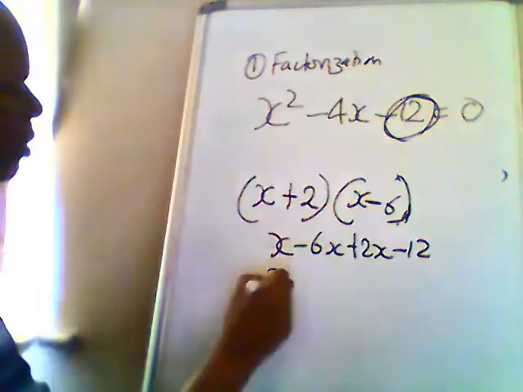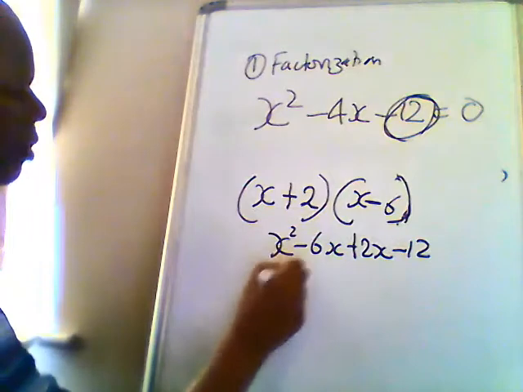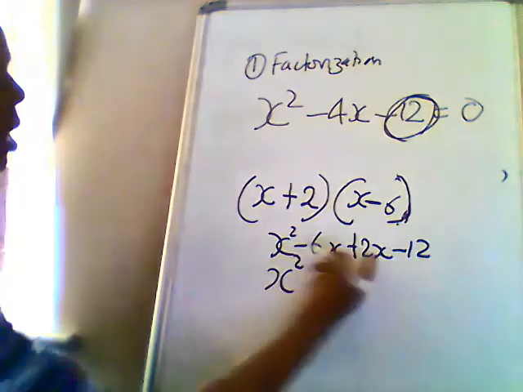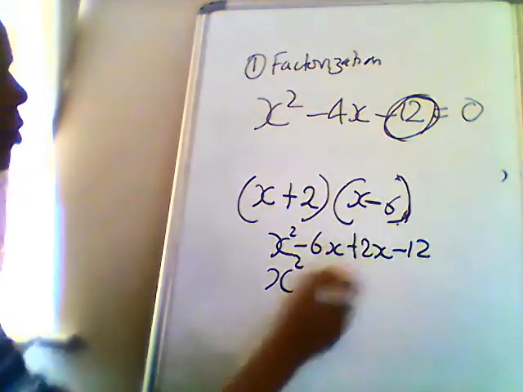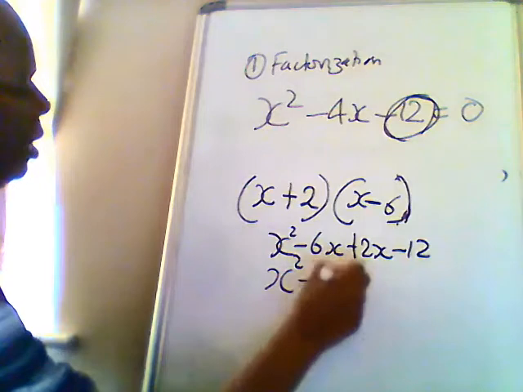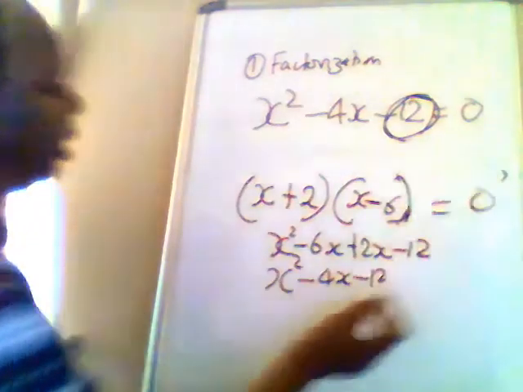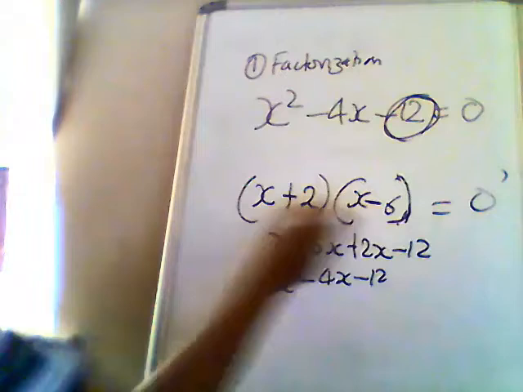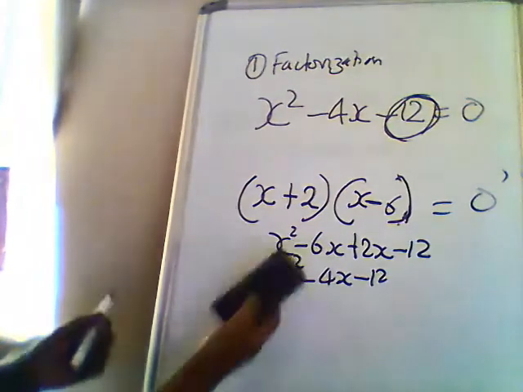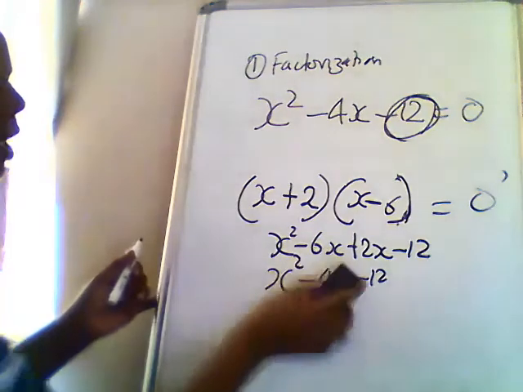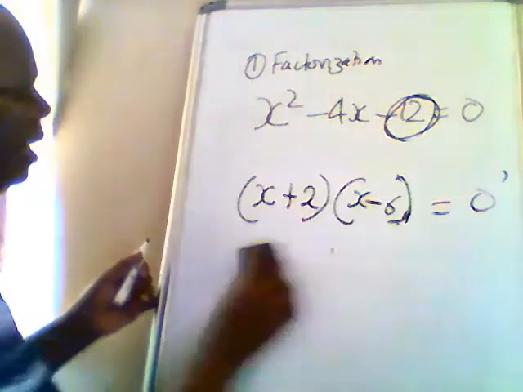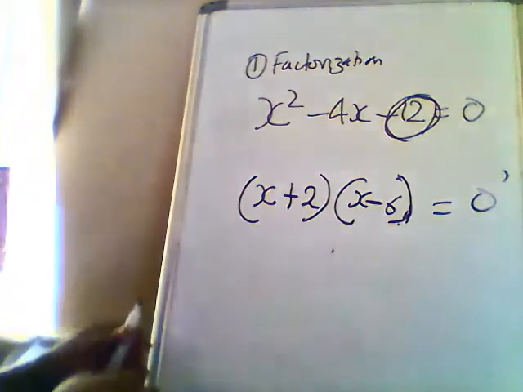So this is going to give me x squared, minus 6 plus 2 is going to give me minus 4x, and minus 12 equals 0. Okay? Which means this is correct. So I have to double check to make sure it's correct. So I have factorized that equation.